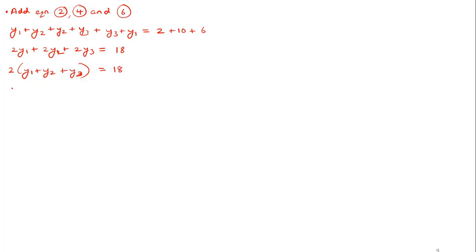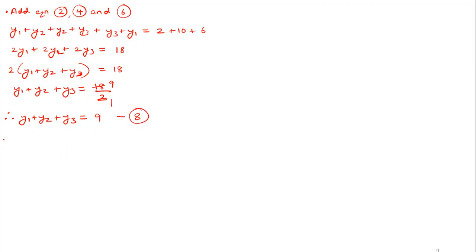Send 2 to the other side, so y1 plus y2 plus y3 is equal to 18 divided by 2. So 2 nines are 18, therefore y1 plus y2 plus y3 is equal to 9, and we will take this as equation 8.